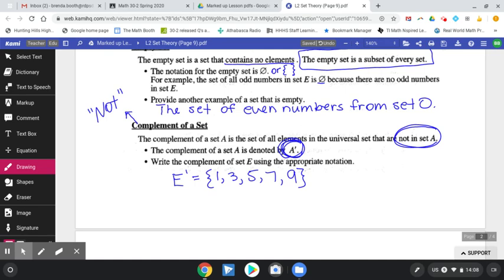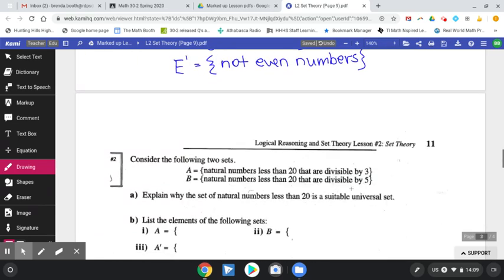If we were to do this with words, the complement of E would be not even numbers. In other words, we would be looking at odd numbers.